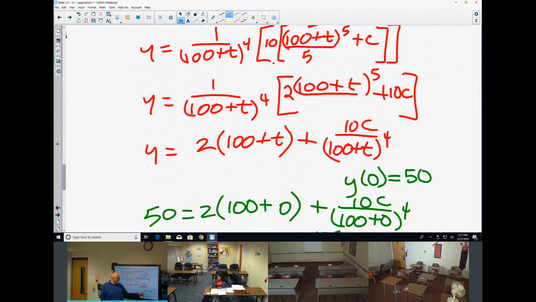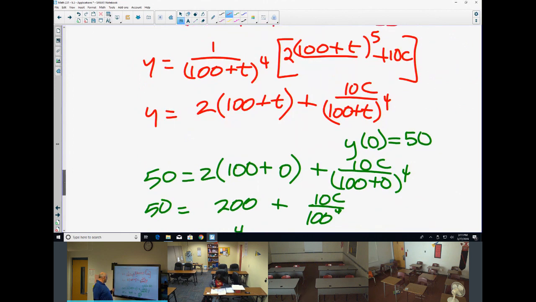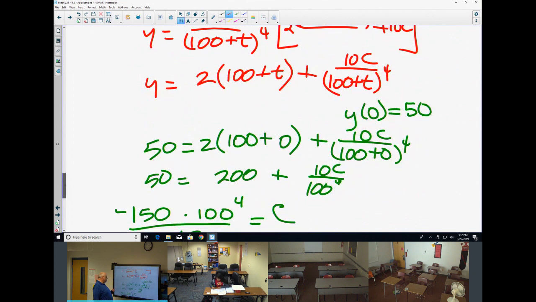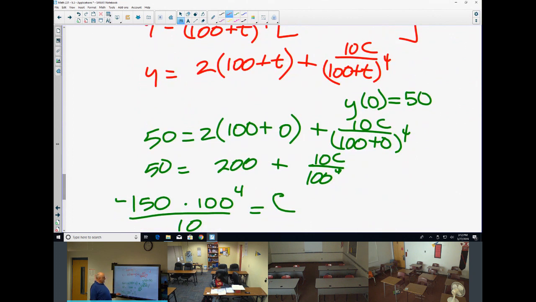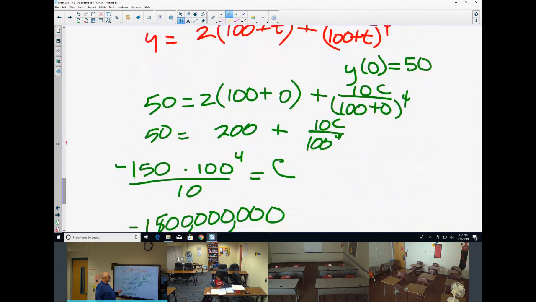So to solve that for c, I'm going to multiply this out and then subtract. So I get negative 150. And now to solve for c, I multiply by the reciprocal.